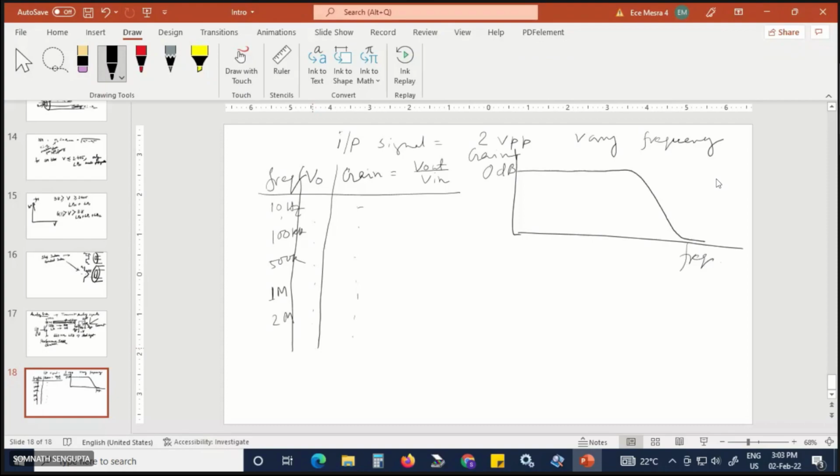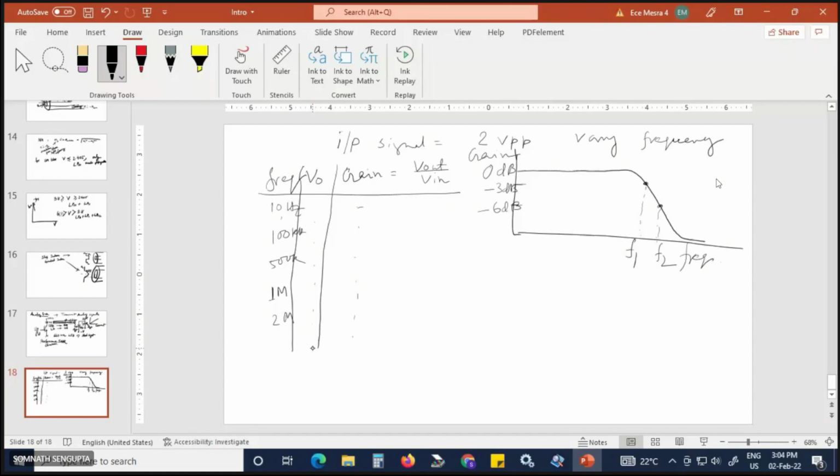One is the minus 3 dB frequency, and another frequency you have to calculate is minus 6 dB. So these two frequencies you have to calculate. Let us say this is F1 and this is F2.